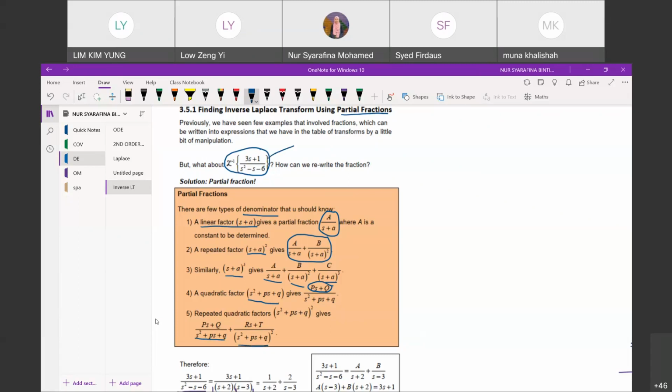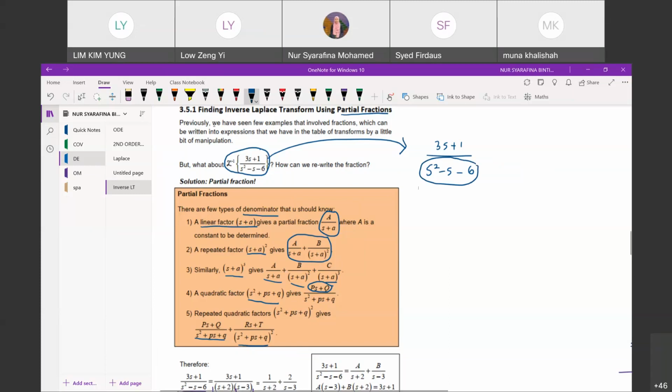So for this one, 3s plus 1 over s squared minus s minus 6. In order to know whether the function is linear factor, quadratic factor, and so on, you need to simplify the denominator. Basically, you know that this is a quadratic. You just can factorize by using your calculator.